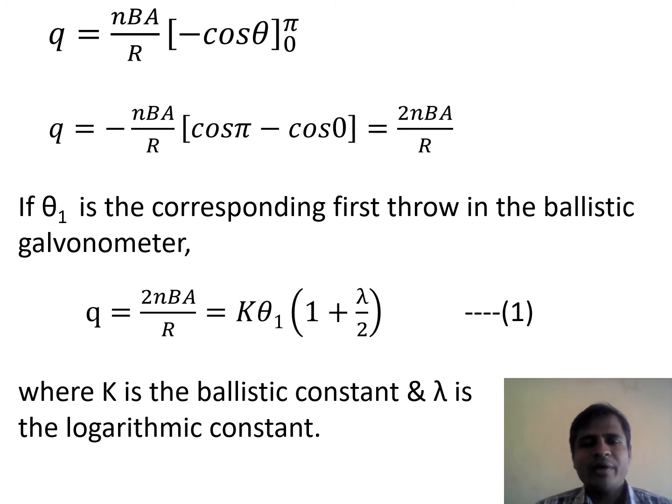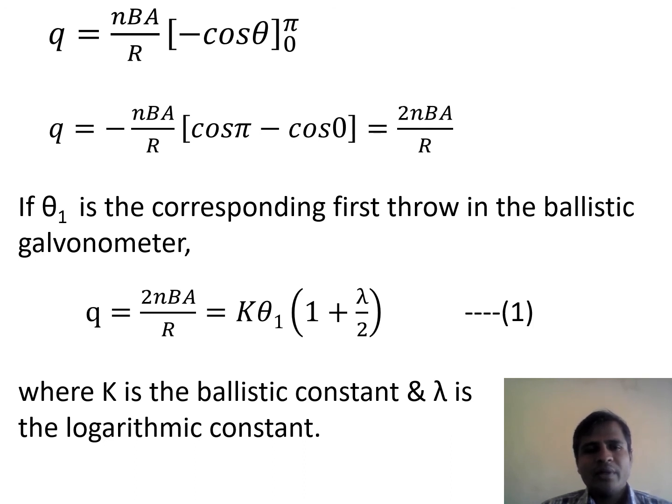After substituting the values of lower and upper limit, the expression for Q is equal to minus N into B into A upon R into bracket cos pi minus cos 0, bracket complete. The value of cos pi is minus 1, cos 0 is 1, so the value inside the bracket will be minus 2. So minus outside the bracket and minus inside the bracket will become plus. So the final expression for Q is equal to 2 into N into B into A upon R.